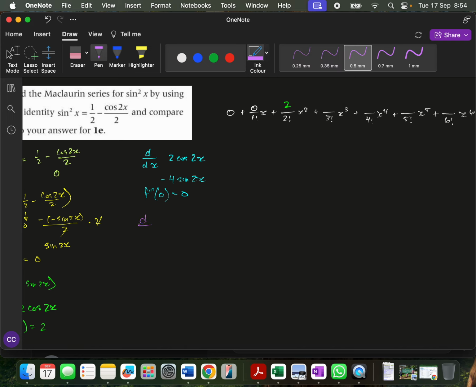Now d/dx of negative 4 sine 2x is going to be negative 8 cosine 2x. So I get a negative 8 here.